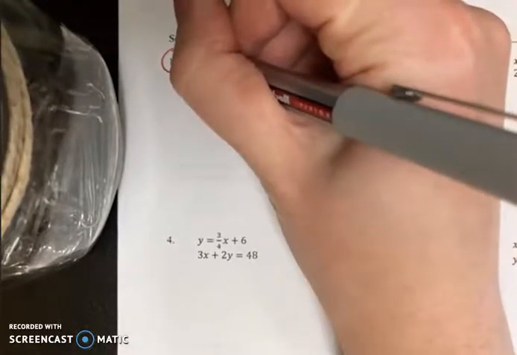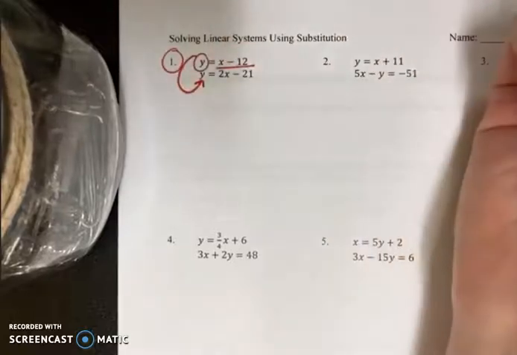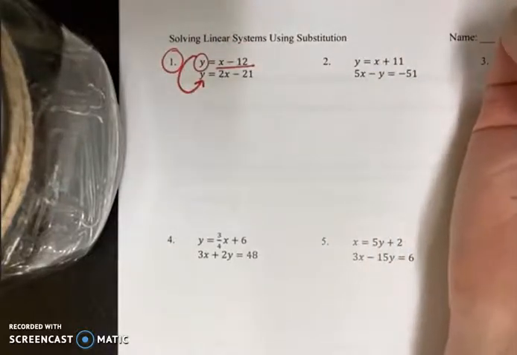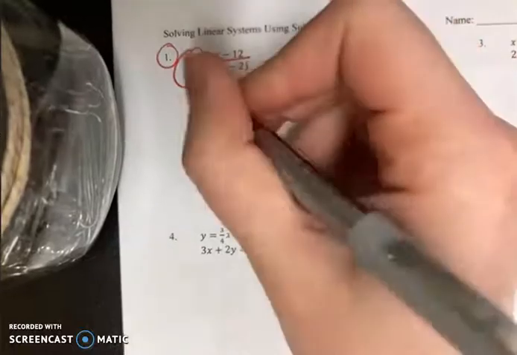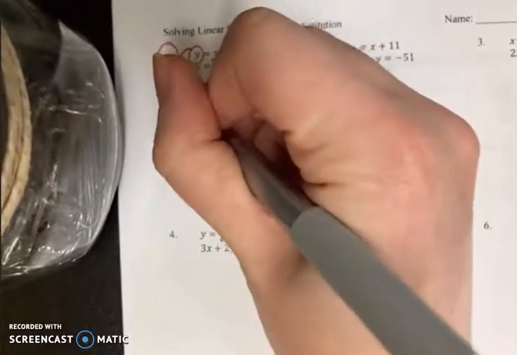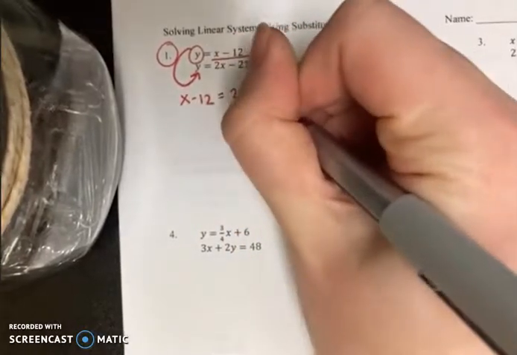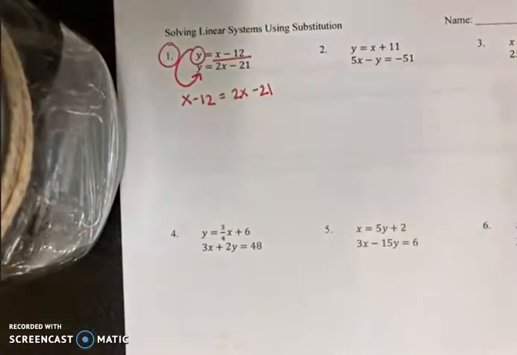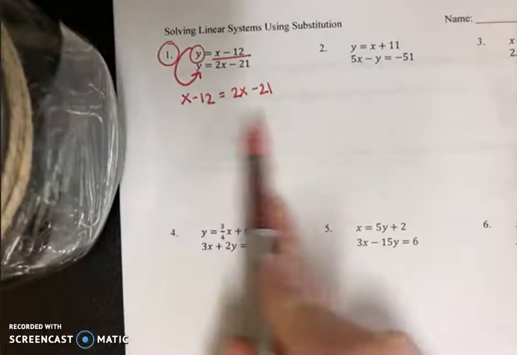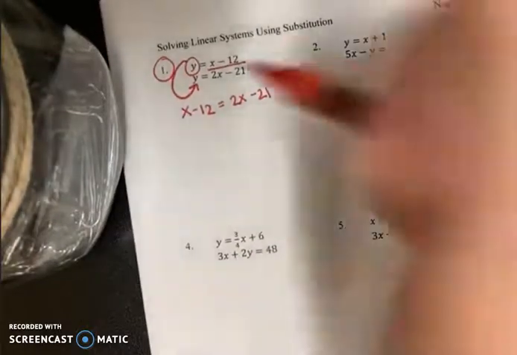I'm going to take this y value, the x minus 12, and plug it in for y in the second equation. So by plugging this in to my second equation, I end up with x minus 12 equals 2x minus 21. And the whole reason why I did that is because once we substitute it in, we have a one variable system, meaning I can solve for x.